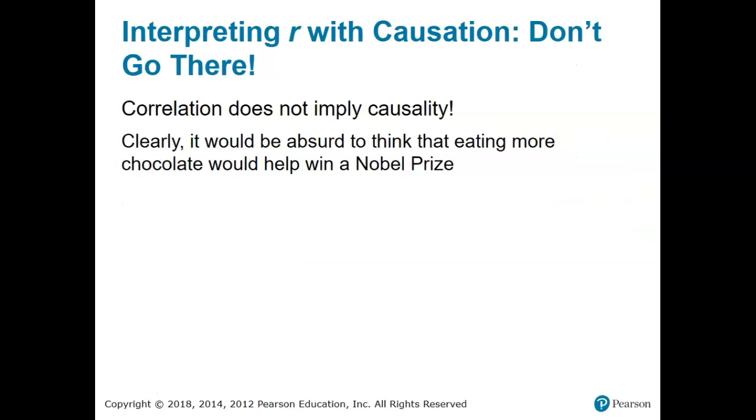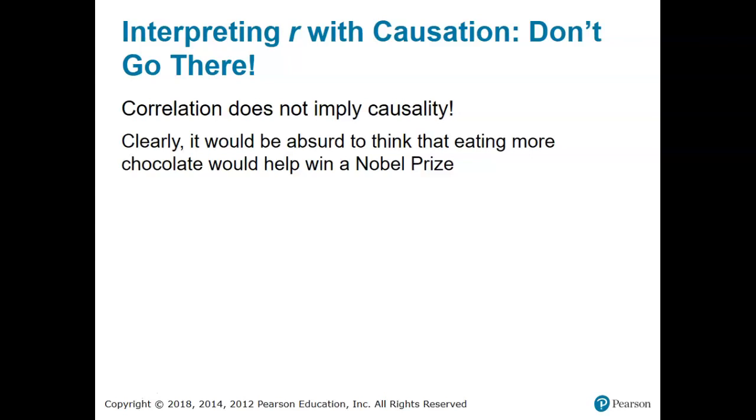Okay, and one last thing here is that always remember correlation does not imply causality. We talked about this earlier in the semester, but just because you show that two things are correlated, that does not mean that one causes the other. Like in this example that we were looking at here at the very end, it was looking at the relationship between eating chocolate and winning a Nobel Prize. Obviously, there's not a cause-effect relationship there, but there does tend to possibly be a slight correlation between the two.